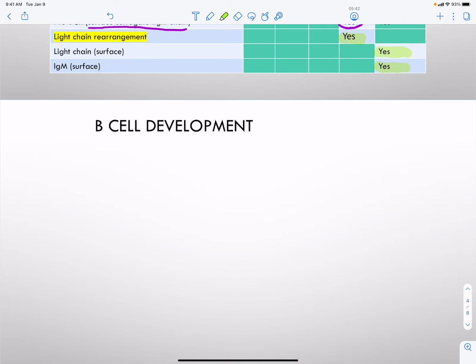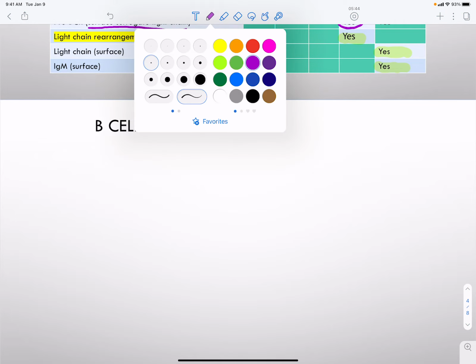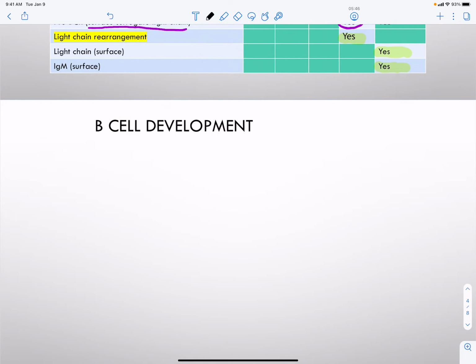All right, so let's walk through these stages. Now I'm going to use a few acronyms, I guess. So CR is chromosome. And so we're going to start first again with our heavy chain. So we'll start over here with our pro-B, and we'll have our heavy chain rearrangement.